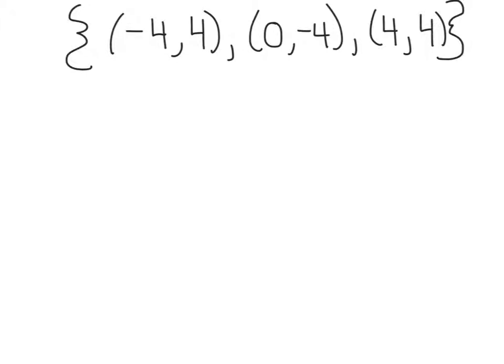Okay, so for number 8, we're looking at this relation. Everything in math is pretty much a relation, and it says, is this relation a function? Well, to be a function, x cannot repeat. So right here I have negative 4, and then I have 0, and then I have 4. So since all of my x's are different and none of them repeat, then yes, this is a function.